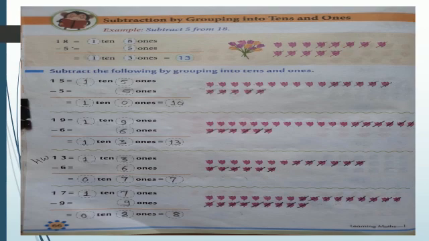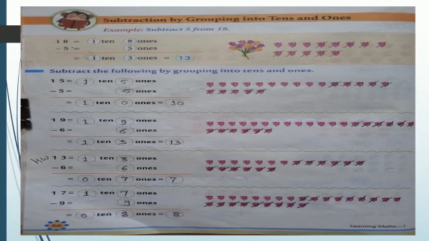The 10 flowers are in bunch and 3 flowers are separate from the bunch. Okay, so like that we get 13 flowers. So the answer is 1 ten and 3 ones, which is equals to 13. Yes, understood the question? Similarly, you have to do the following.